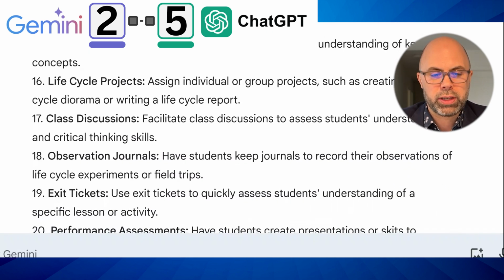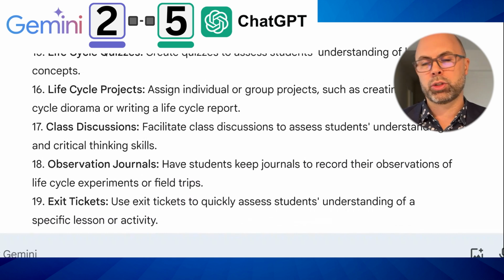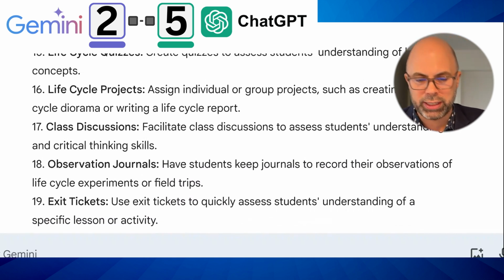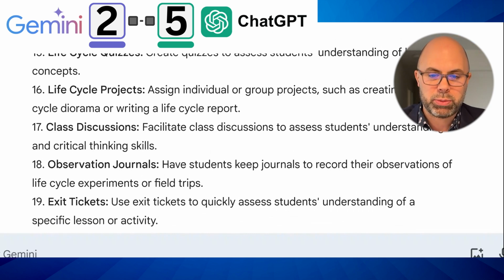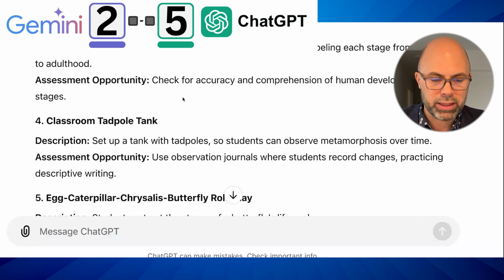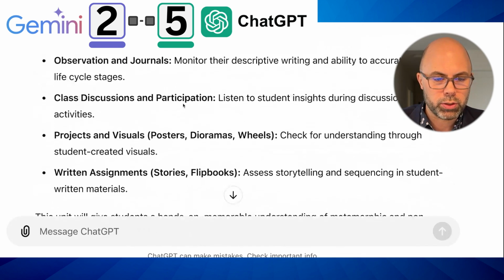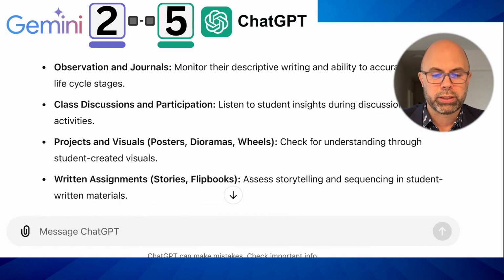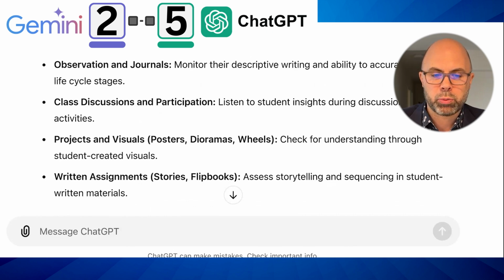So it's so interesting because Google Gemini sort of said, I'm going to include the assessment opportunities as part of the 20. ChatGPT said, here are the 20 learning opportunities. And then the assessment, I'm going to stack afterward. So it sort of interpreted the prompt a little differently. That is super, super interesting.